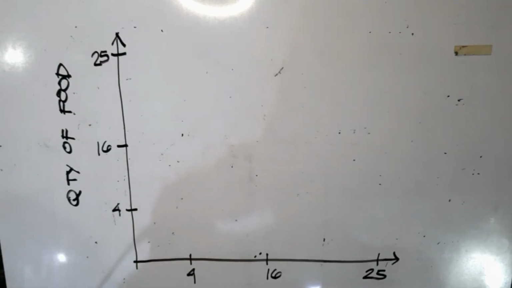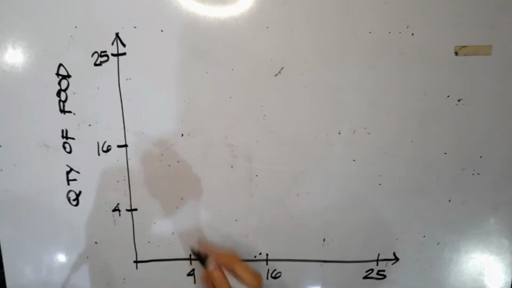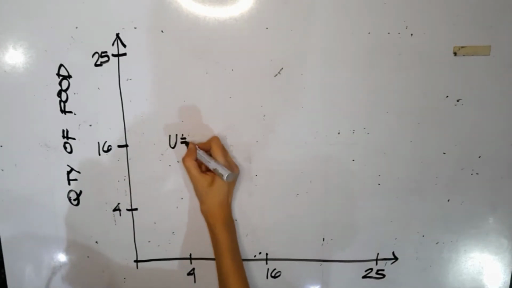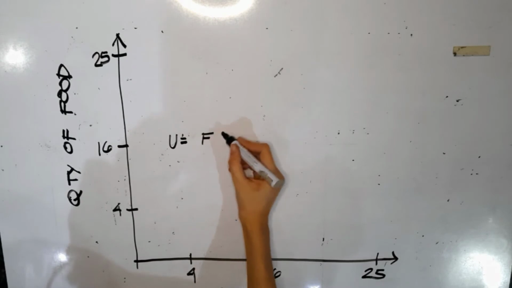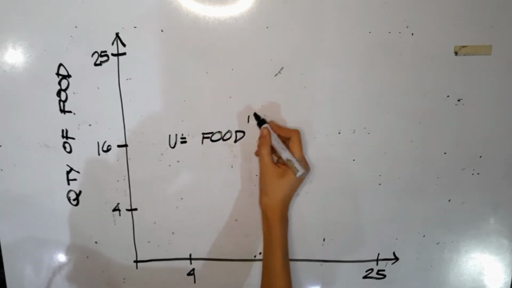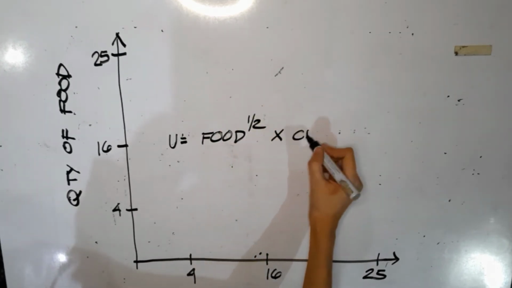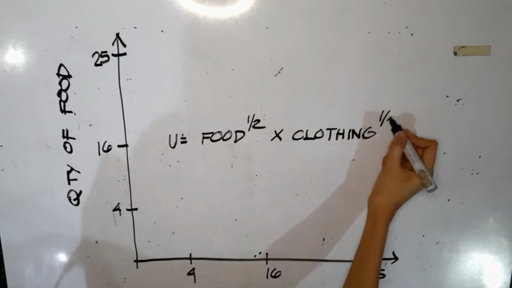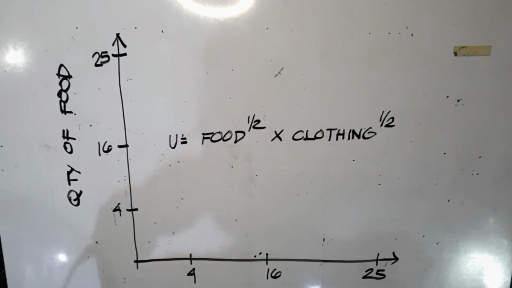So let's look at the indifference curve. We already established that utility is equal to food and clothing. So let's represent this through an indifference curve. Indifference, okay? Meaning, you don't care.